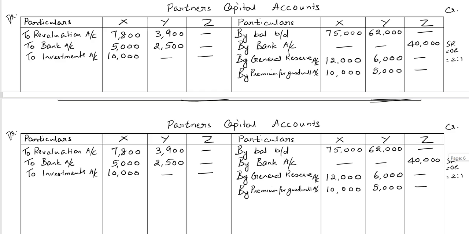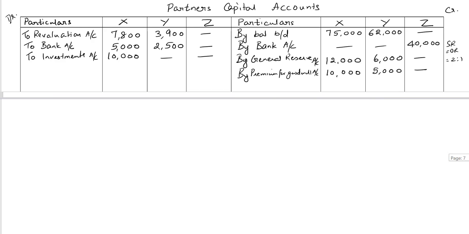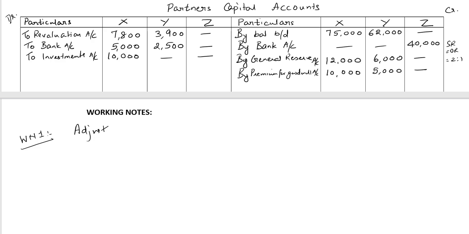And we will move to the working notes at the bottom half of the screen. Working note 1 is for the adjustment of capital.